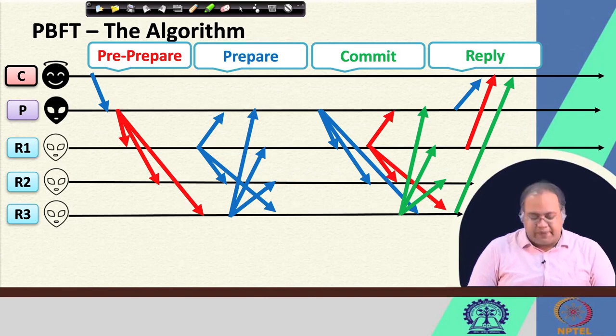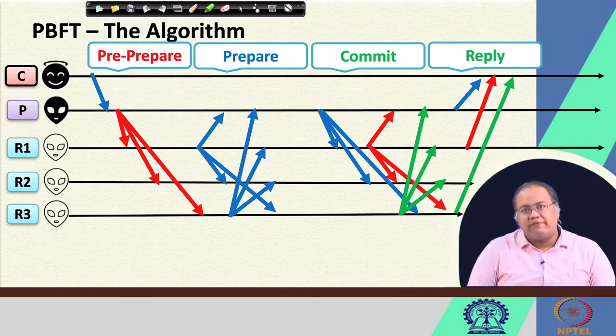Now, once this pre-prepare message is broadcast, the replicas start looking into the quorum. In the context of PBFT we have seen that we need a 2f+1 quorum to reach a consensus. Once the replica observes that it got the pre-prepare message and that it is a correct message, then it broadcasts the prepare message, which is the second round of PBFT.